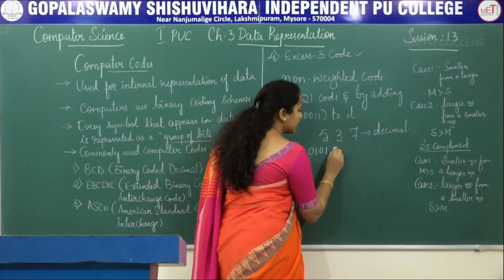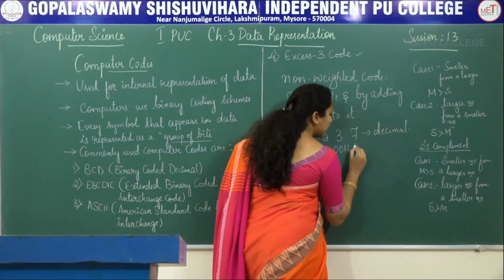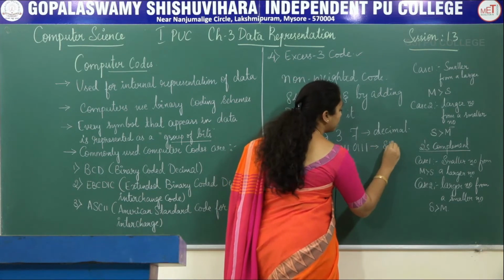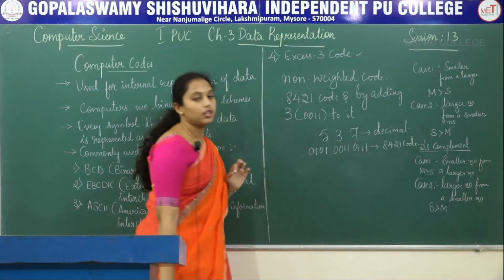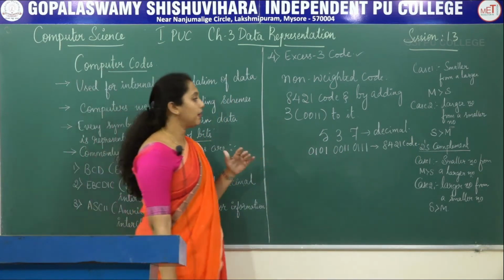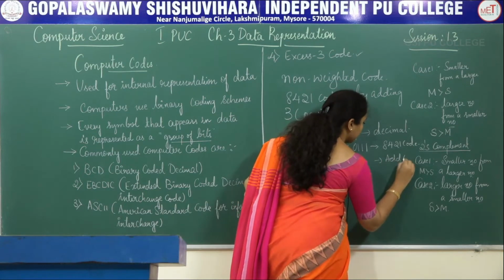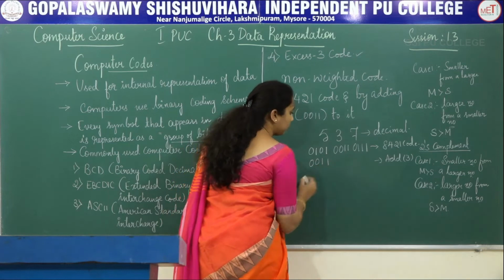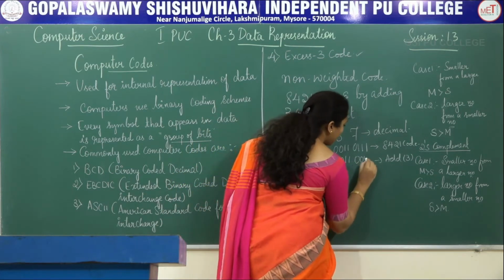What about 3? 0, 0, 1, 1. What about 7? 0, 1, 1, 1. So this is the 8421 code. In the next step, we have to add 3 to it: 0, 0, 1, 1, 0, 0, 1, 1, 0, 0, 1, 1.